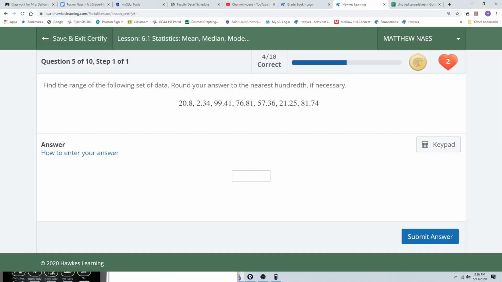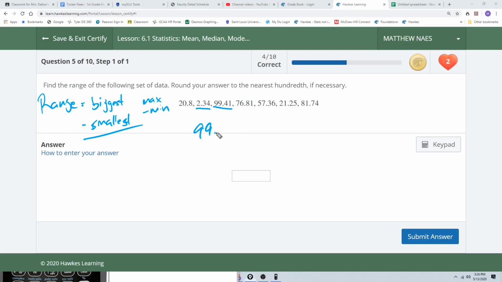All right, range. Now, range is an easy formula. Range equals the biggest minus the smallest, otherwise known as your max minus min, maximum value minus minimum value. So we have to find the biggest number here, which I think is 99.41, and the smallest number I think is 2.34.